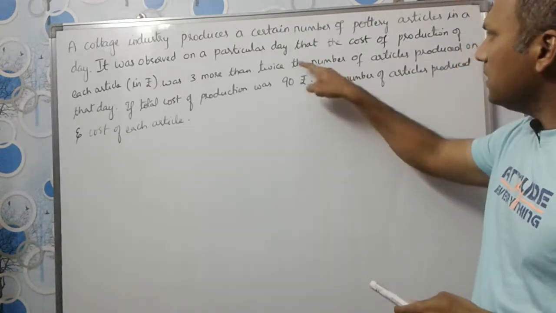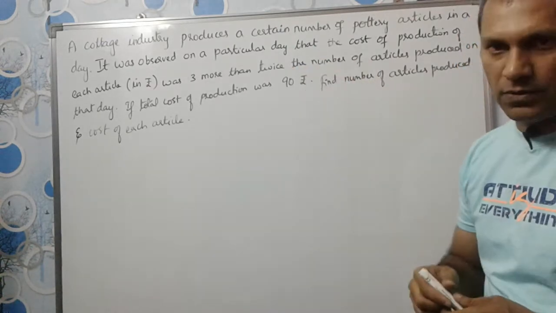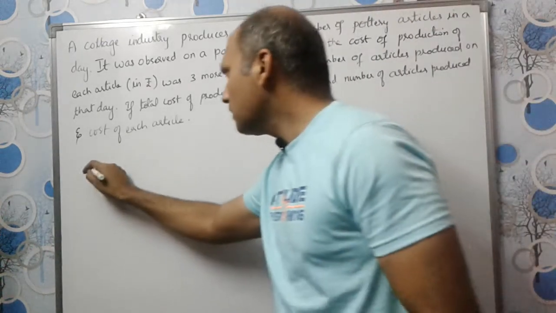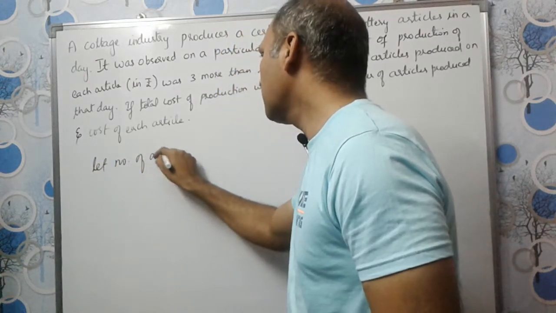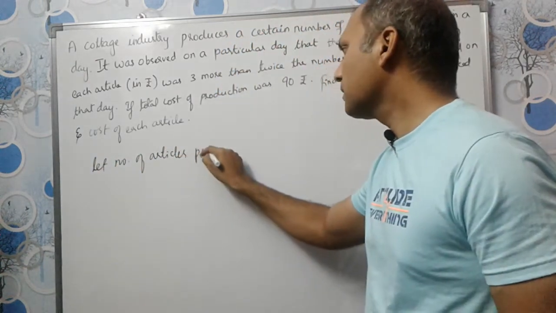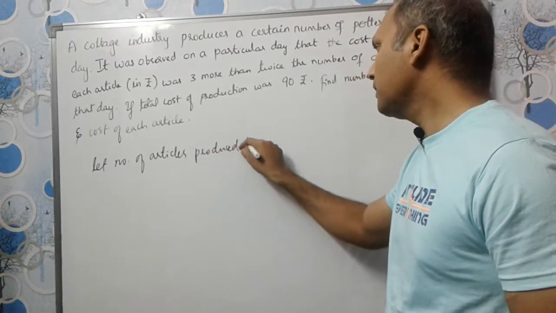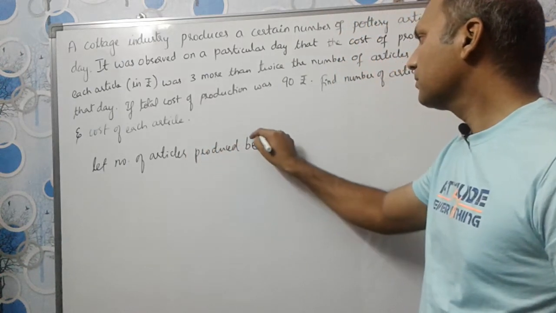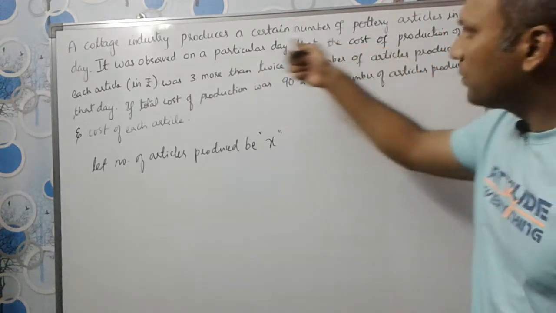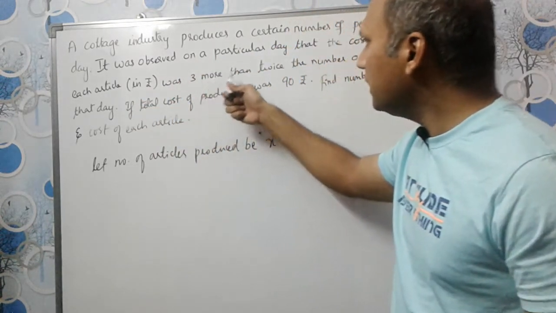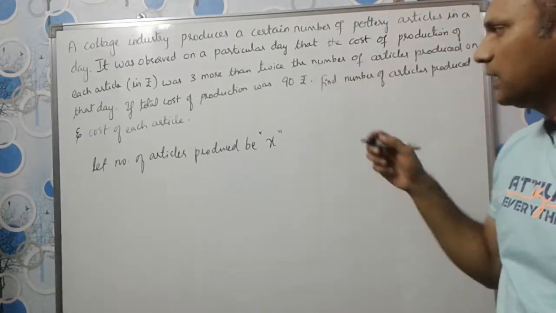See, we don't know how many articles are produced, so let the number of articles produced be x. What is given? The cost of production of each article was 3 more than twice the number of articles.